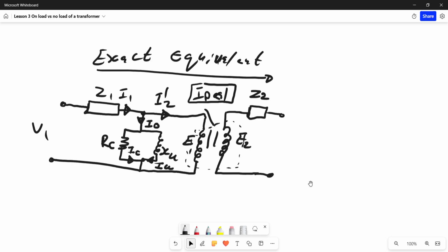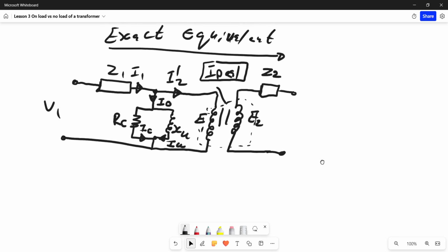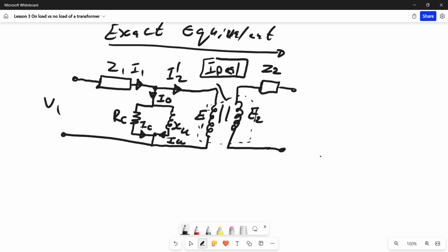So this is what we call the exact equivalent circuit. It's the representation of an equivalent circuit of a transformer. There are three ways we can represent the relationship of all the parameters inside the transformer with each other. You can see that I prime 2 is flowing.